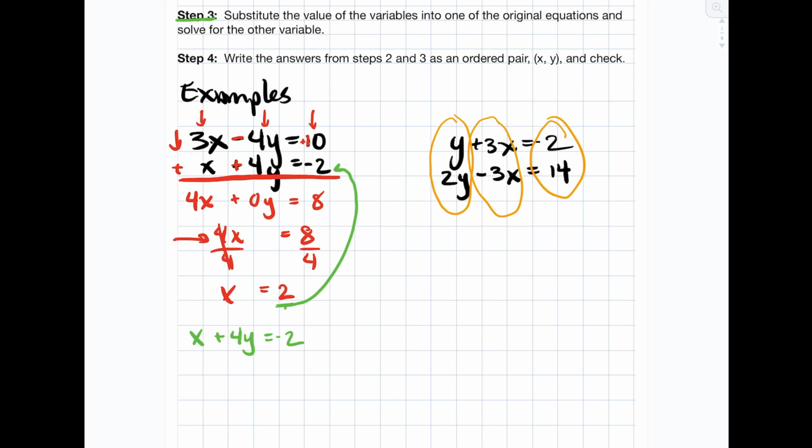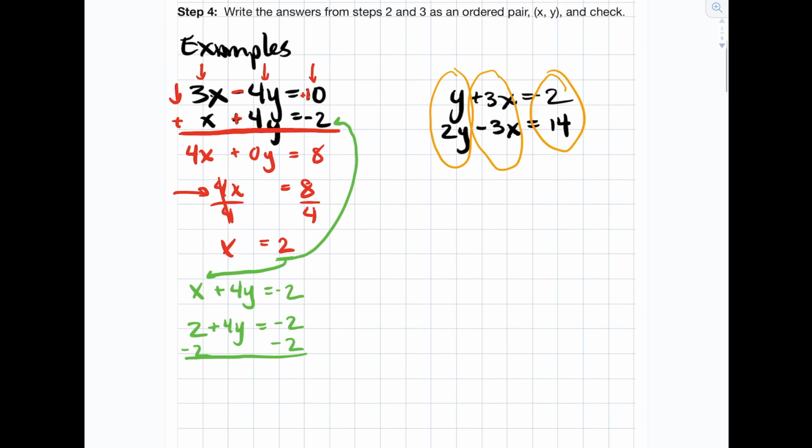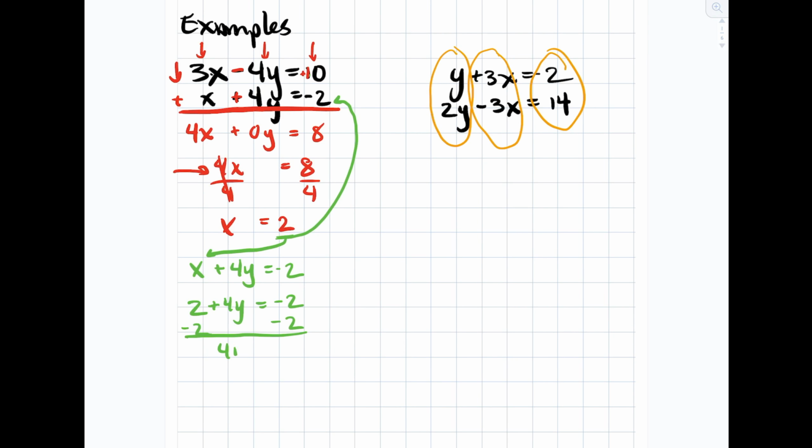I'm going to take this 2 and plug it in for x. So 2 plus 4y is equal to negative 2. Then we subtract 2 from both sides, and this becomes 4y is equal to negative 4. Divide by 4 on both sides. y is equal to negative 1.